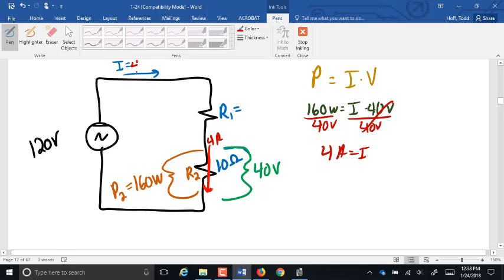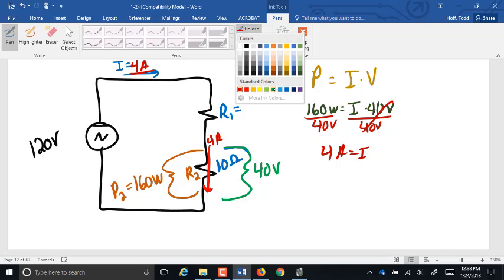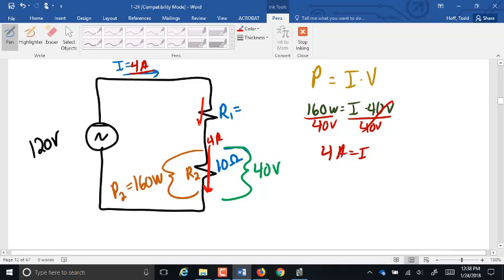So that's actually got to be our current, since this is a series circuit. That's got to be our current everywhere. So we know that there's 4 amps here. We do also know the voltage drop has to be how much?